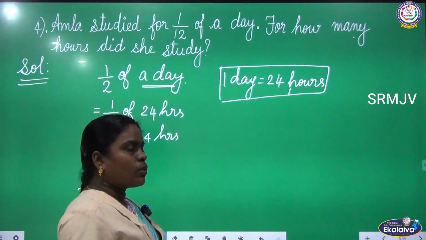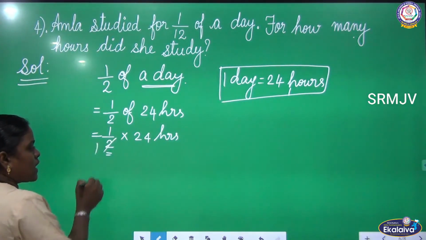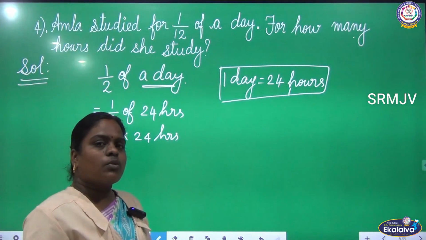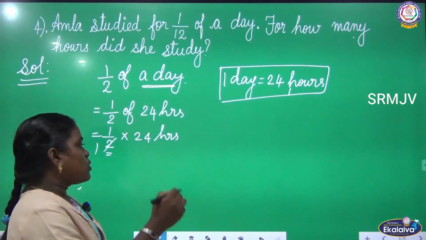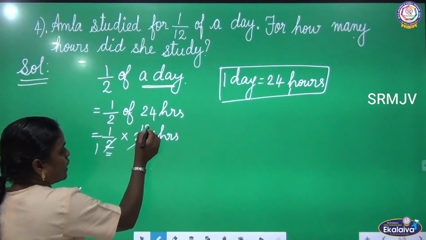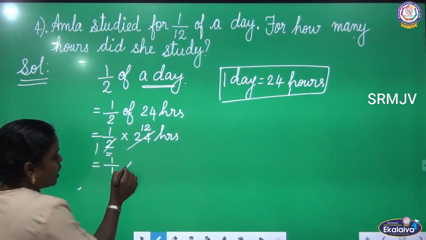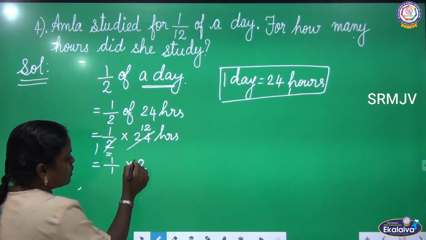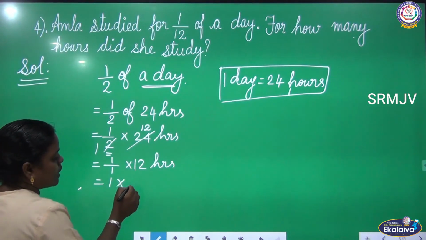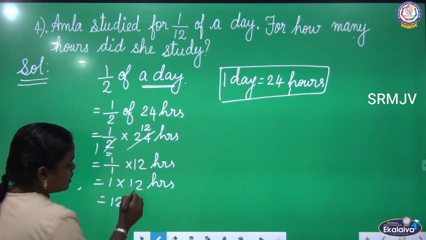We are going to use the 2 table to cancel these terms. 2 ones are 2. When will you get 24 in the 2 table? 2 12s are 24. So cancel the number and write 12. Now the numbers are 1 by 1 and 12. It is nothing but 1 into 12 hours equals 12 hours.